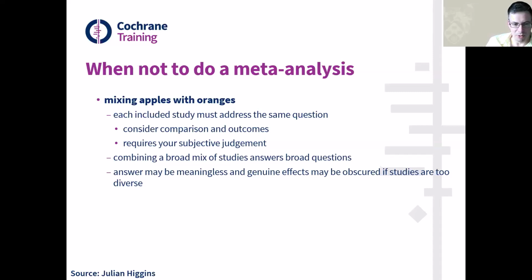When I teach meta-analysis, I like to distinguish between lumpers and splitters. Lumpers like to put lots of different studies together in a meta-analysis and then investigate why they might be different. I tend to consider myself a bit of a lumper. I will put studies together and then ask, why are they different? What are the differences? Splitters like to have very carefully defined inclusion criteria, so the studies should be exactly the same.